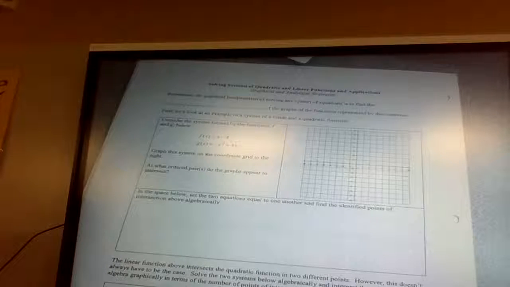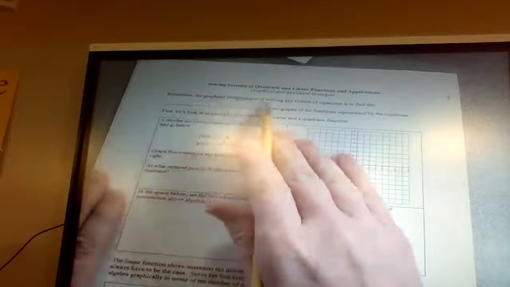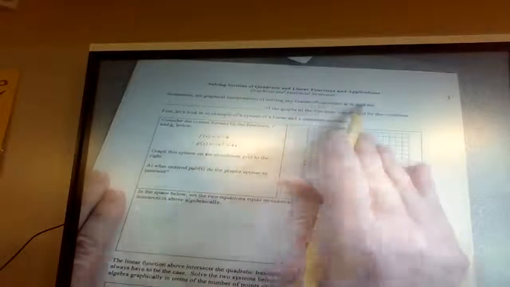If you'll remember, the graphical representation for a solution to a system of equations is where they cross, okay? The point that works for both of them, where those two lines meet, that's your solution, okay? So the graphical interpretation of solving any system of equations is to find the intersection of the graphs.